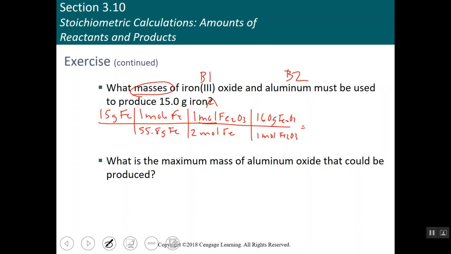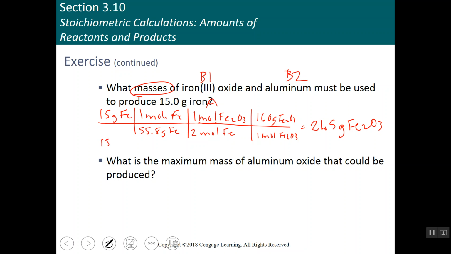Let's get another calculator. 15 times 160, and divide that by parentheses 55.8 times 2, close my parentheses, and I come up with 21.5 grams of Fe2O3.